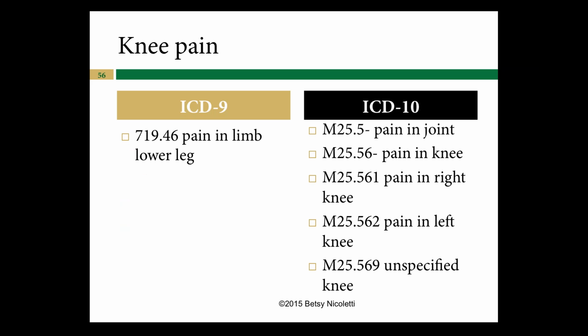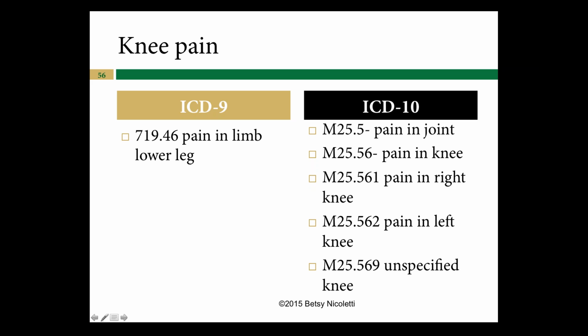It's impossible for the system to know that. It's not reading in the physical exam or in the HPI whether it was the right or the left pain in the lower limb. And it might not even choose knee because this 719.46 is lower leg. It might go farther down to unspecified portion of the lower leg, unspecified whether it's right or left.